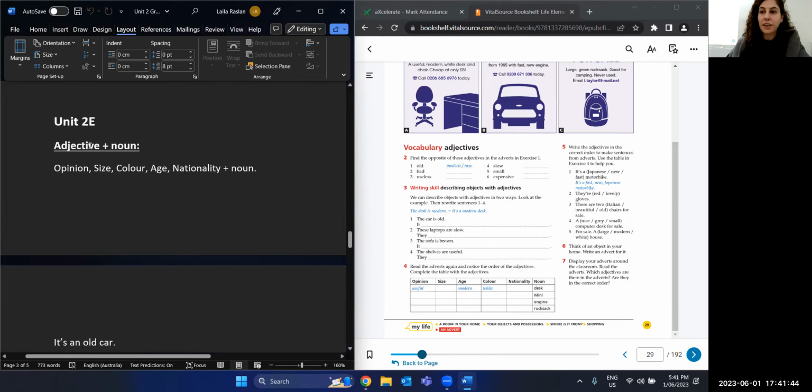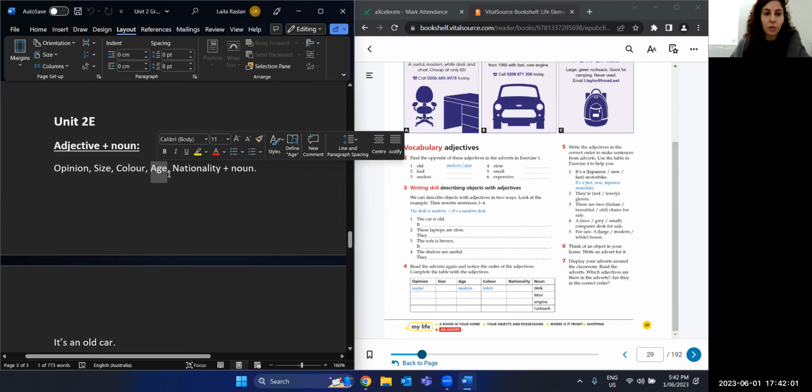So adjective first and then the noun. So remember the nouns, if it's one or many, singular or plural, and the adjective could be your opinion, the size, the color, the age, if it's new or old. It could be anything, the adjective.